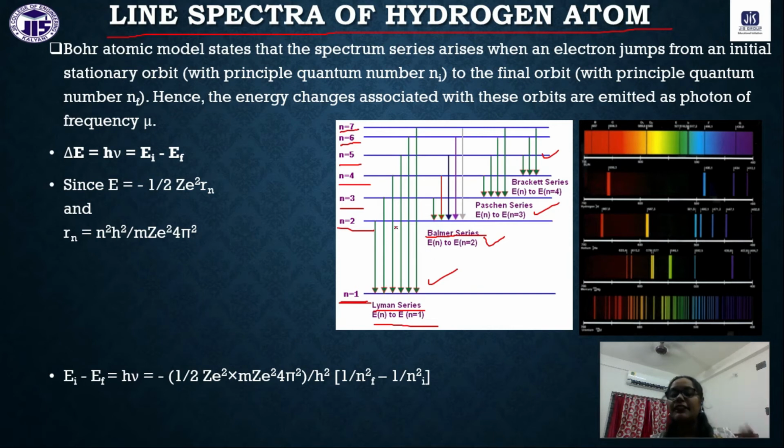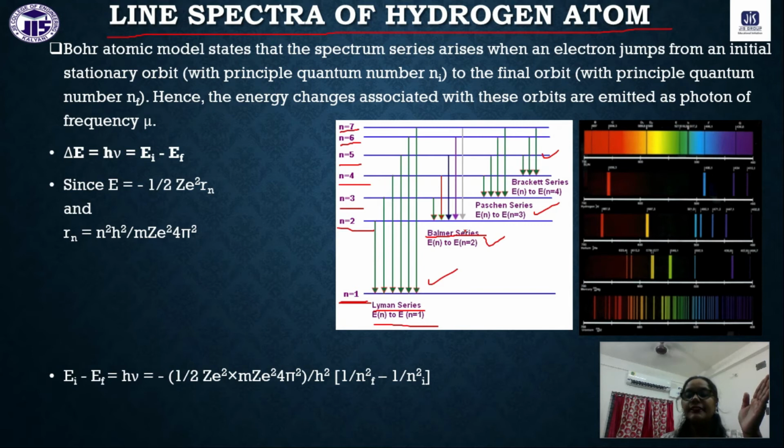Balmer series means the electron jumps to the n2 orbit. The electron can jump from n3, n4, n5, n6 or n7. Whatever line spectra we get for that is called the Balmer series, right?